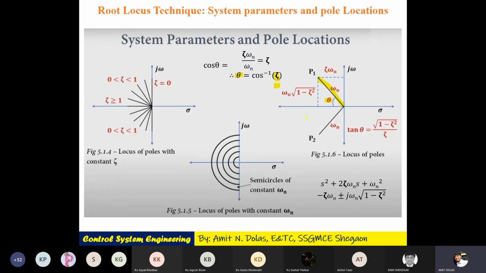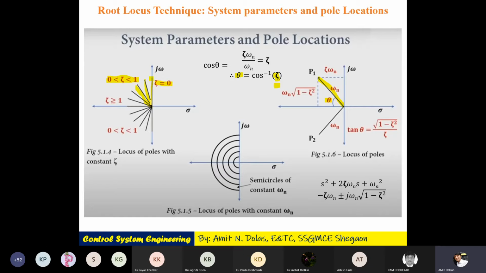Now here, similarly, you can see I'm trying to vary zeta from 0 to 1. You will get different theta angles. I'm not calculating here. No need to calculate. If zeta is 0, it will be, sorry, not perpendicular, it will be on the imaginary axis here.